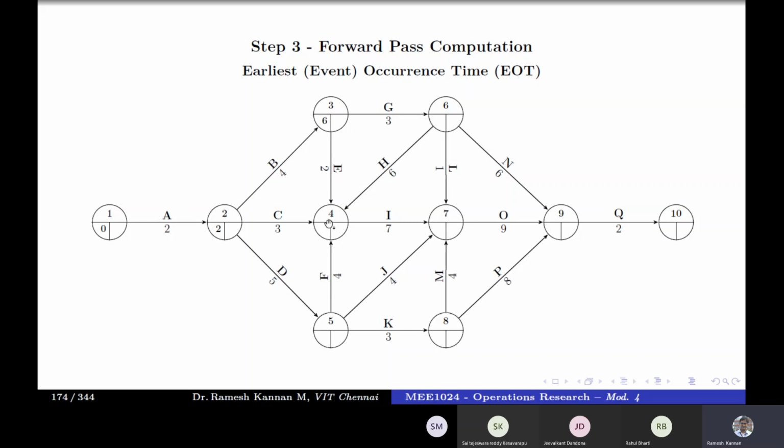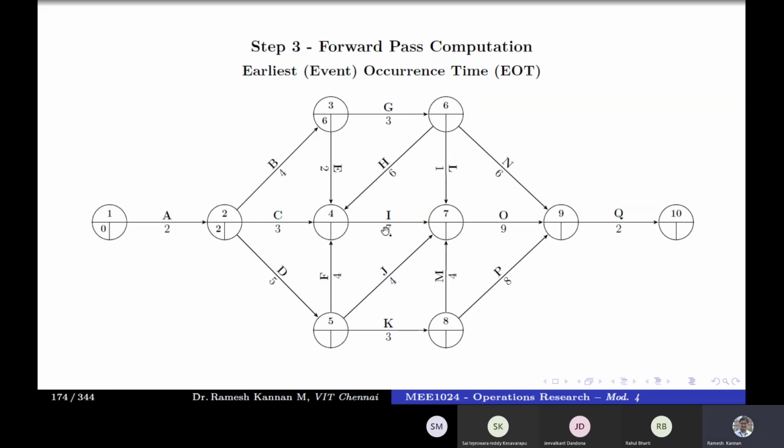And similarly, next is 4. If you think 6 plus 2 is 8, then that's not correct. Why it is not correct is that the event has to be started only after the 2 gets over, the 3 gets over. Notwithstanding that, it also has to wait till the 6 gets over because there's an arrow projecting to it, and 5 gets over, because if you see the number of arrows, 1, 2, 3, 4, unless all other events are over, this event 4 cannot be started.